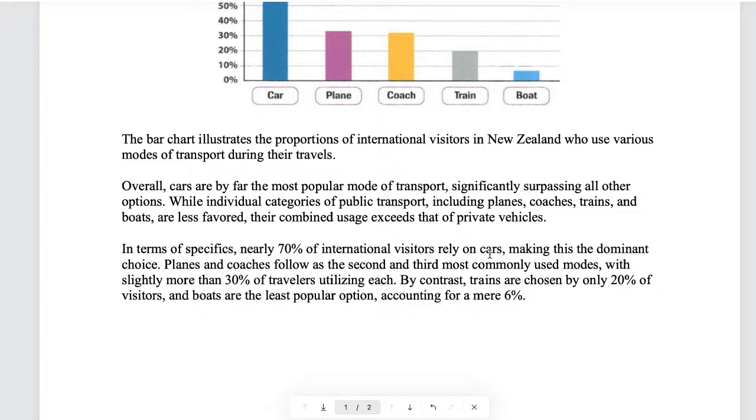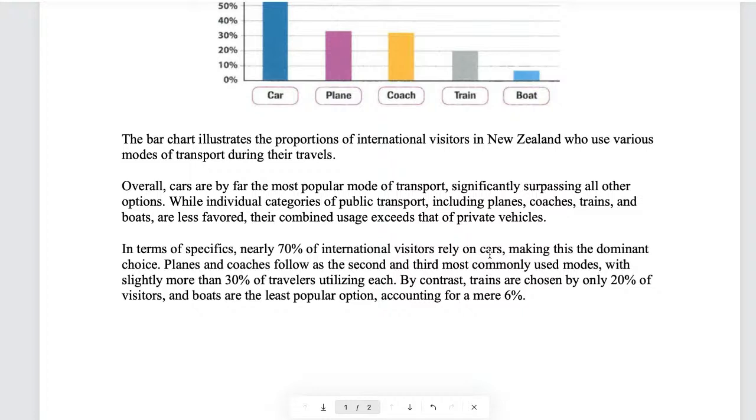Finished? Yeah. That of private vehicles. Private vehicles. Vehicles. Cái từ mà các bạn hay đọc sai thành là vehicle. What? You don't know how to write vehicles?